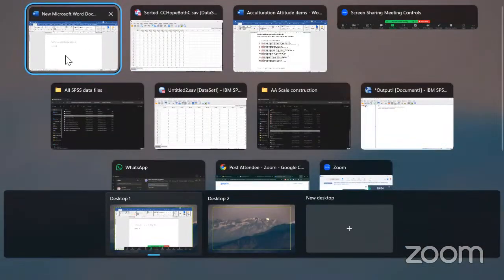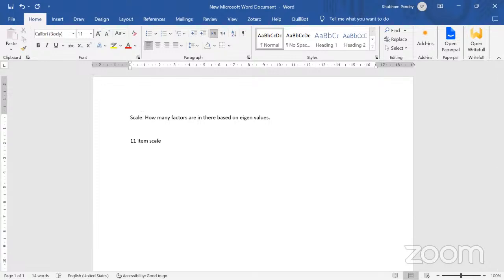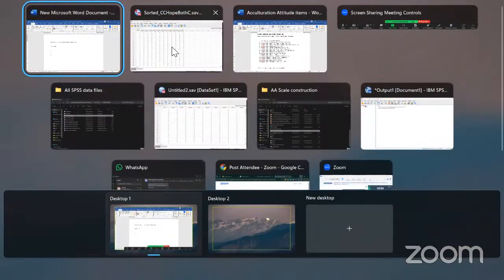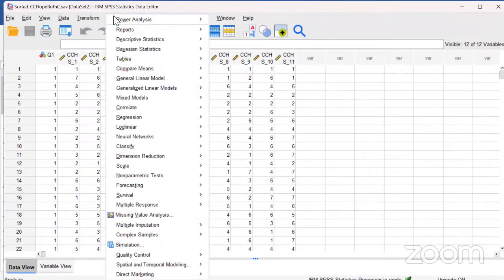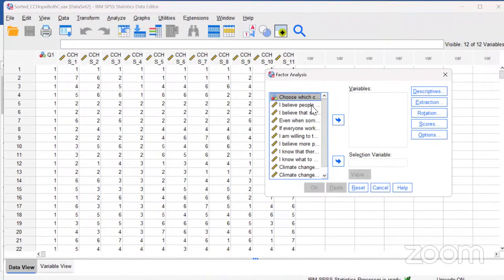I know by the standard literature that there are three factors, let's say A, B, and C. Now I want to check whether these three factors are emerging in my data as well or not. For that, I'm going with this technique of dimension reduction, doing factor analysis.